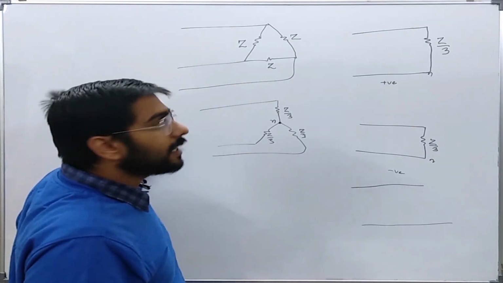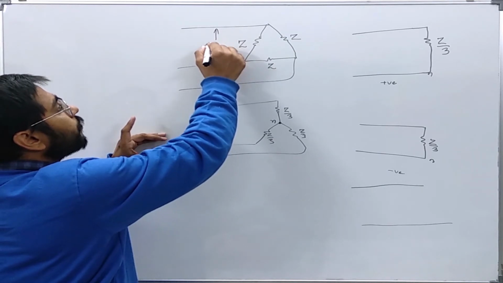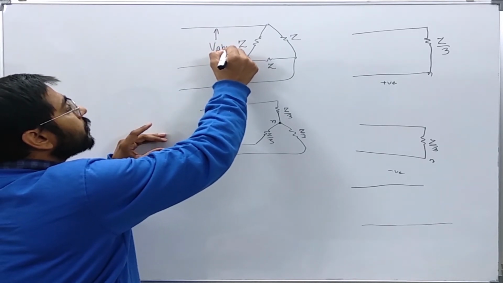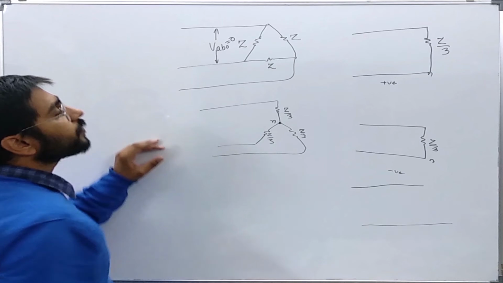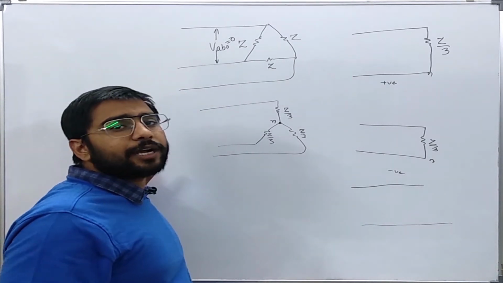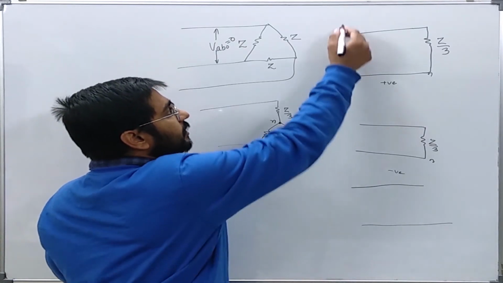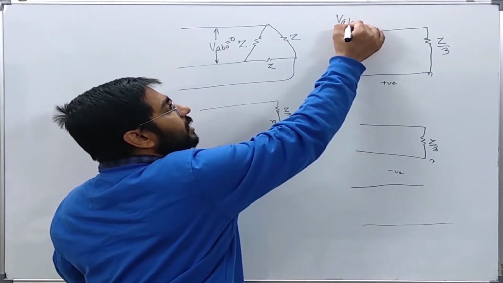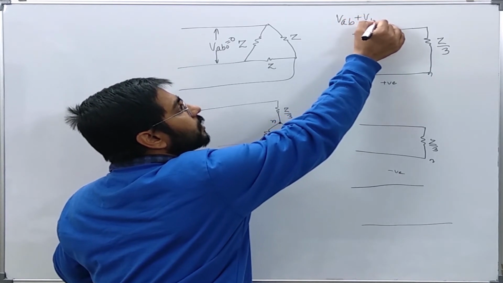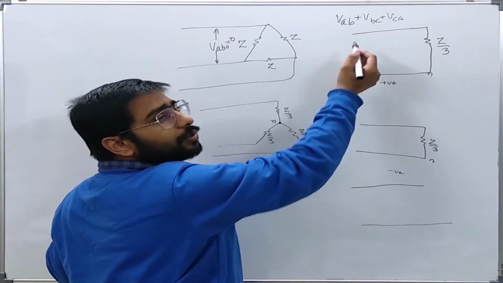Now, there is one more thing, that there cannot be any zero sequence voltage drop. This will always be zero in the delta connected system. That is, line to line voltages cannot have zero sequence voltage, because the sum of line voltages, even if it is unbalanced, will always be equal to zero according to the KVL.